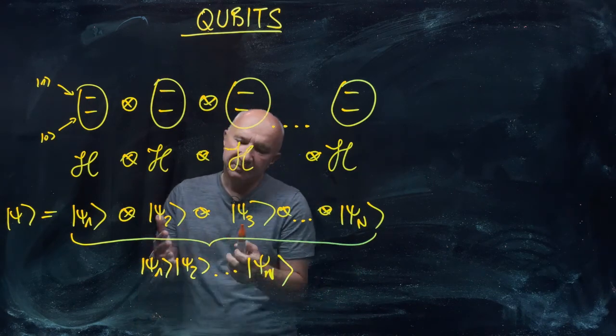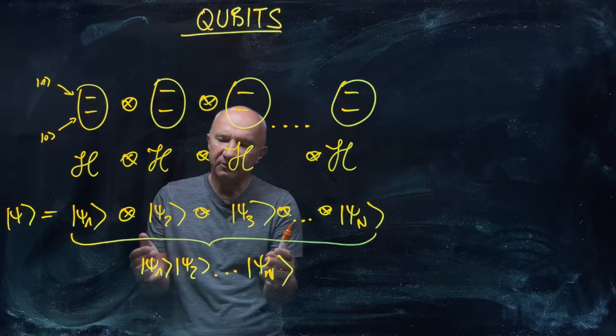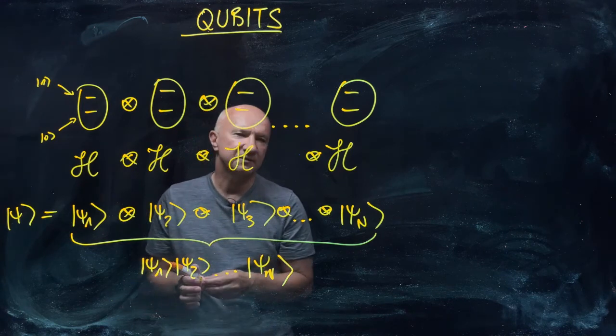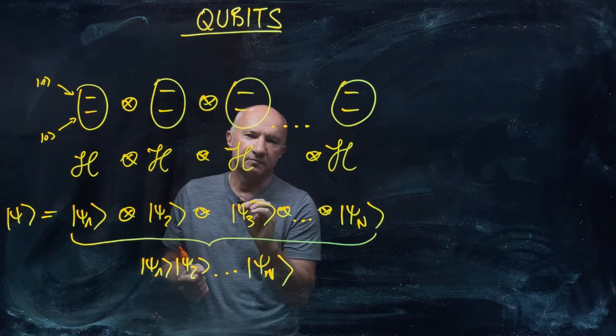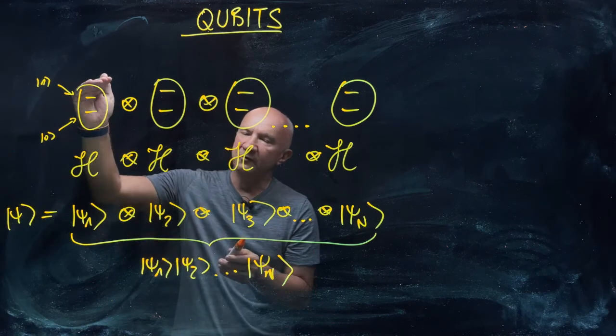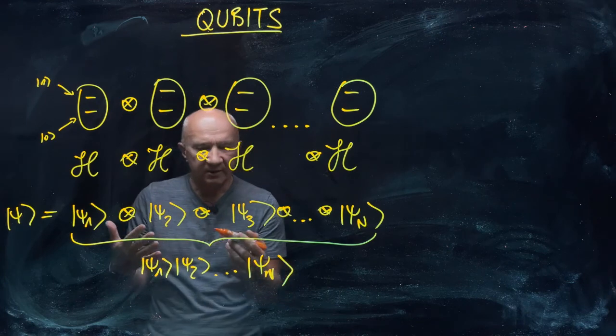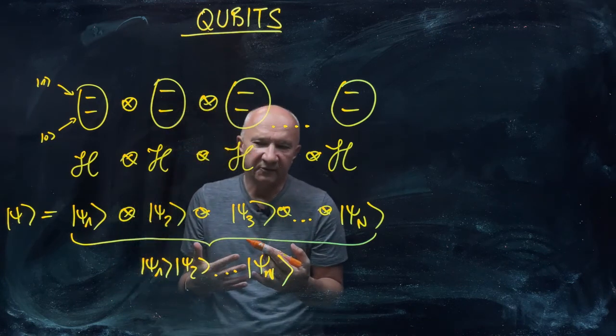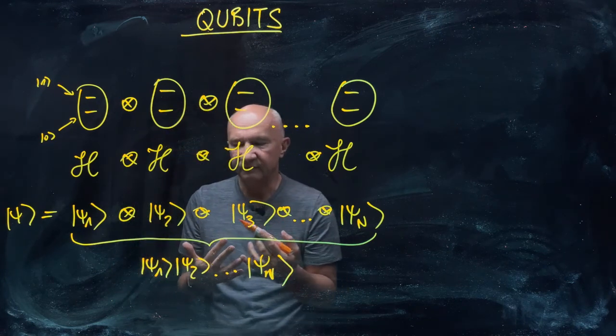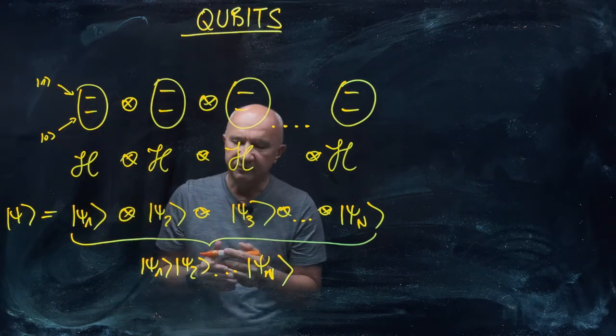And of course, if you look at it, those individual states can also be states 0 and 1 chosen for each single qubit. So for example, we can construct a very convenient computational basis out of the logical states of individual qubits.